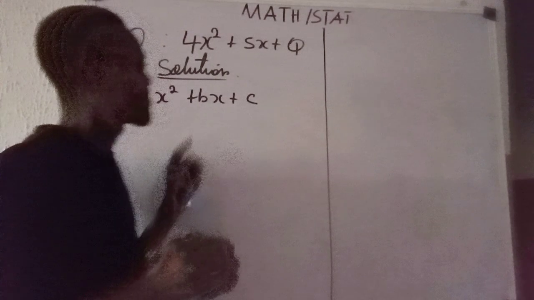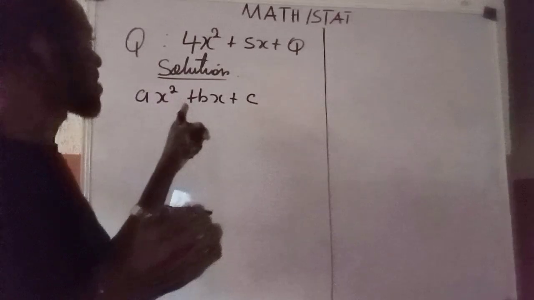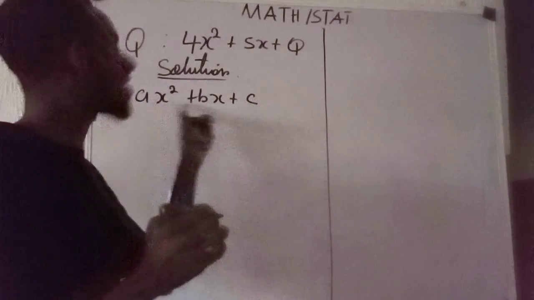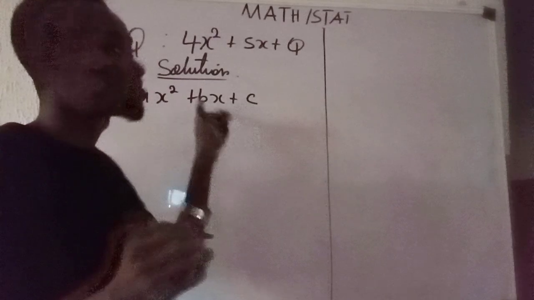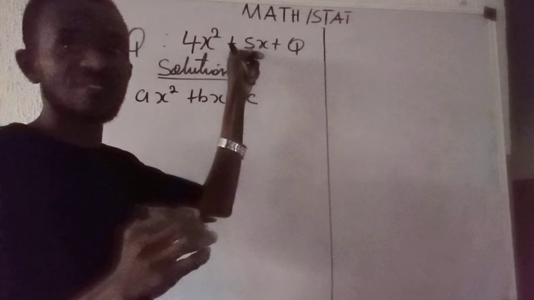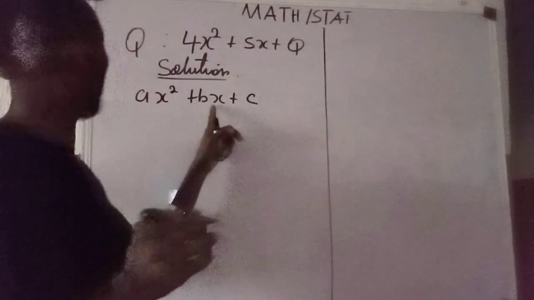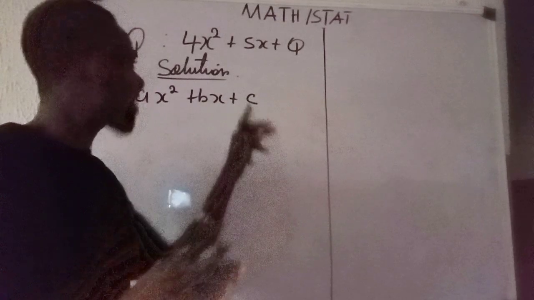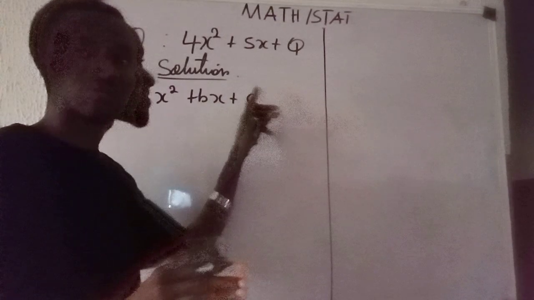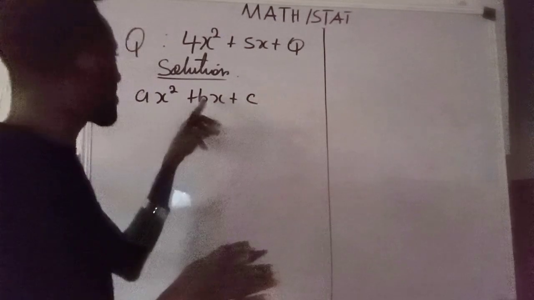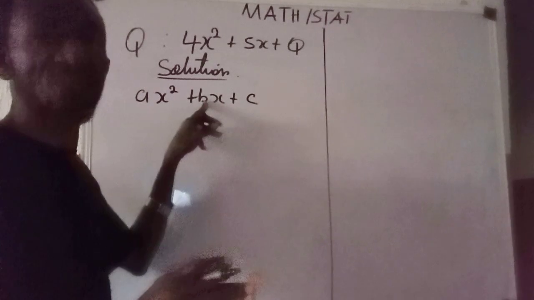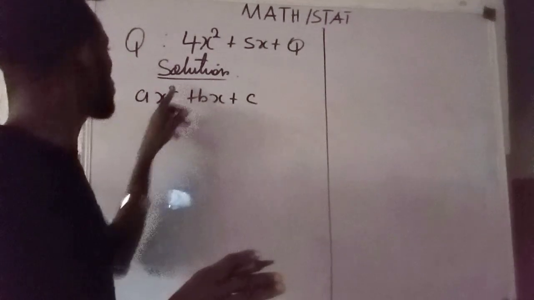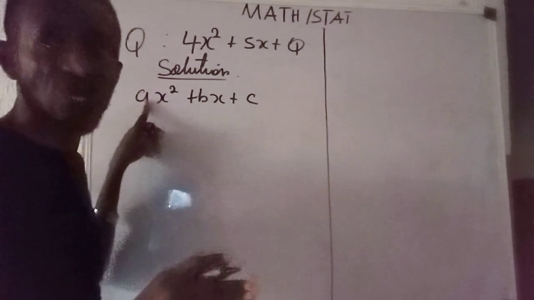Now, if you agree with us that this is a general quadratic expression, we are going to match it with this, because it contains 3 constants. One is a constant which stands all alone. The coefficient of x, b, is also a constant, and the coefficient of x raised to power 2, a, is also a constant.